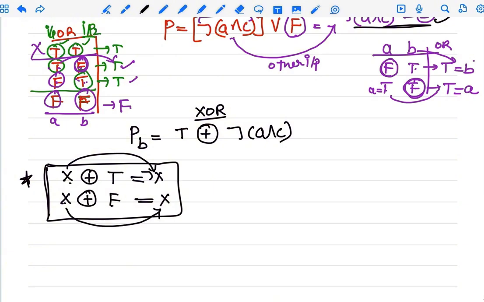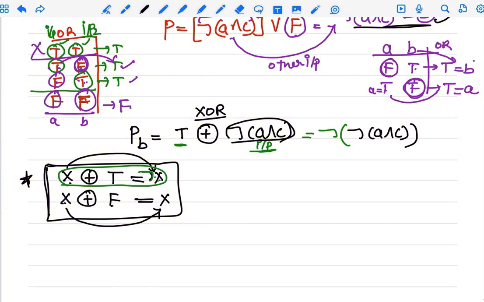So here, true XOR with the other input is the negation of that input. In the same way, the negation of the complete term, negation of (A and C).